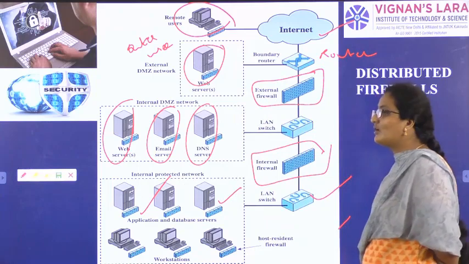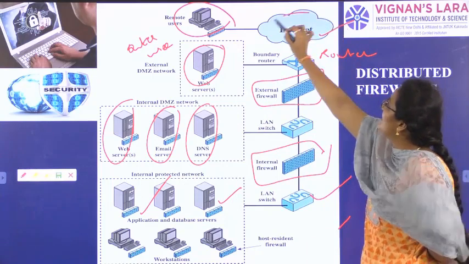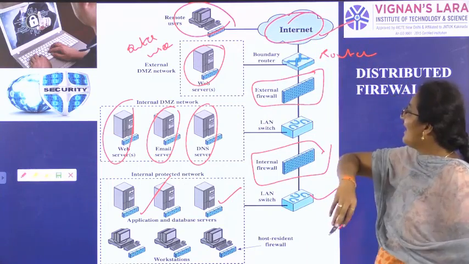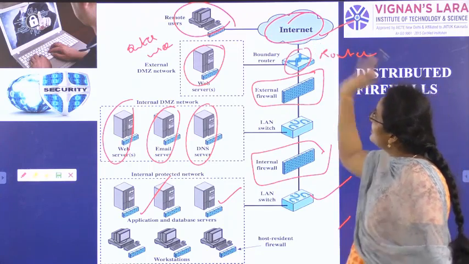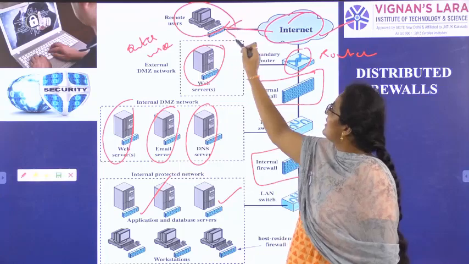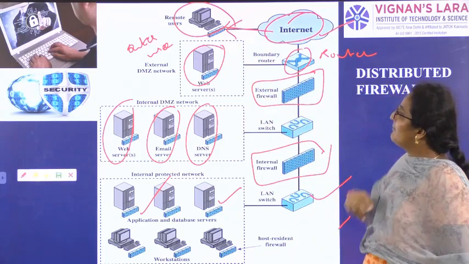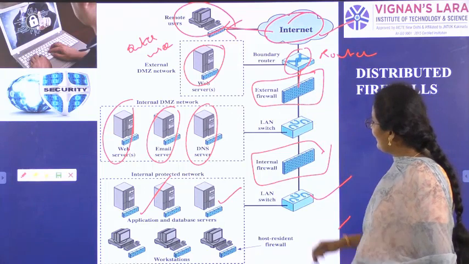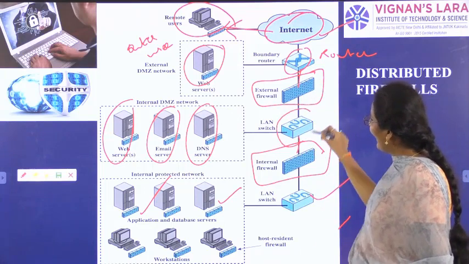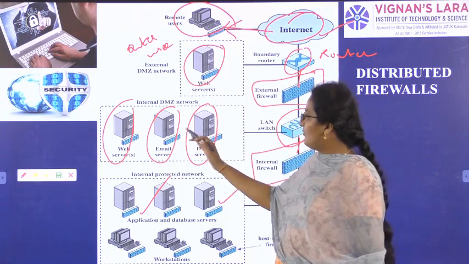In a network, what all do we have? First we have the internet from where we are going to access. Then we have routers. From the internet, outside of the network, people will use it directly. Inside the network, people will have an external firewall and an internal firewall. Through LAN and switches they will get information.